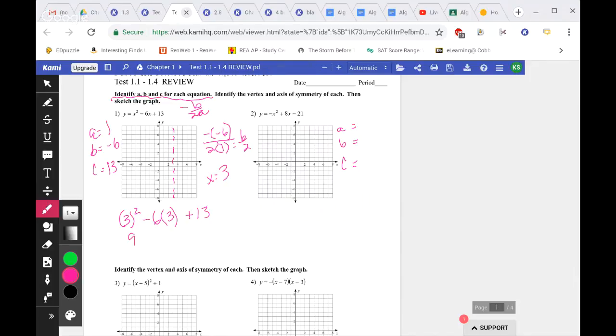So that gives me 9 minus 18 plus 13. So 9 minus 18 is -9 plus 13 equals 4, because I find the difference and give the sign of the higher. So the vertex is going to be 3, 4. So it's going to be right there.